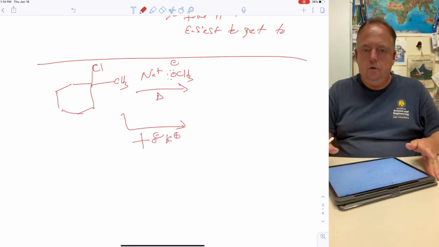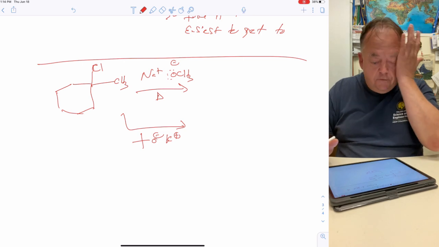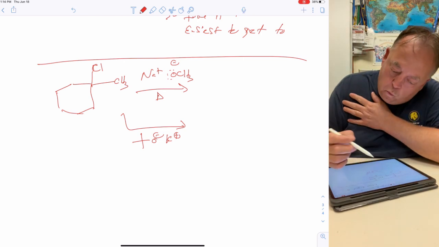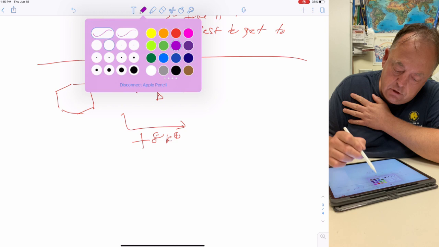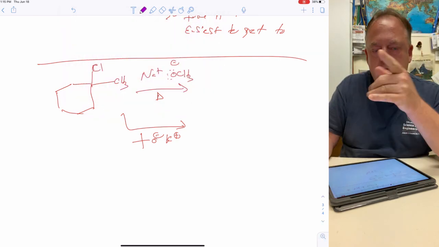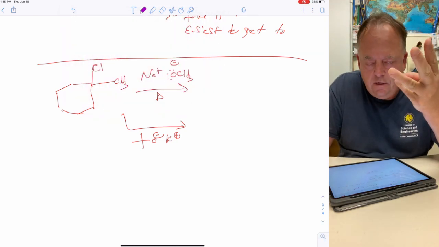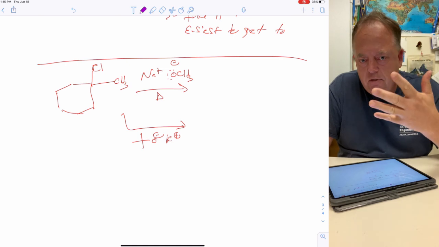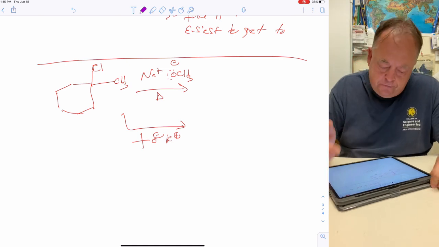So if we contrasted those two reactions, so let's convince ourselves that, well, first of all, what kind of mechanism should this follow? So now we know 5 mechanisms: free radical, SN1, SN2, E1, and E2. So which one is this going to be?